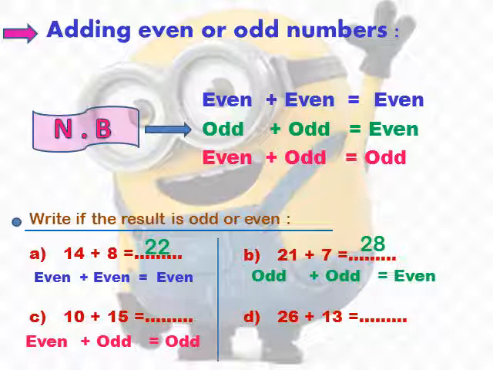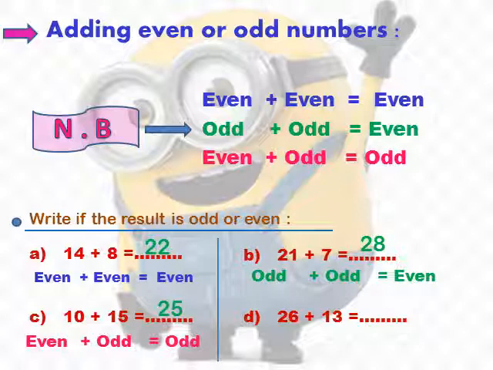Let's see the next exercise. 10 plus 15. Yes, 10 is an even number and 15 is an odd number. So we are going to add different kinds of numbers. Even plus odd, the answer is going to be an odd number. 10 plus 15 equals 25. So 25 is an odd number because the ones place here, 5, is an odd number.